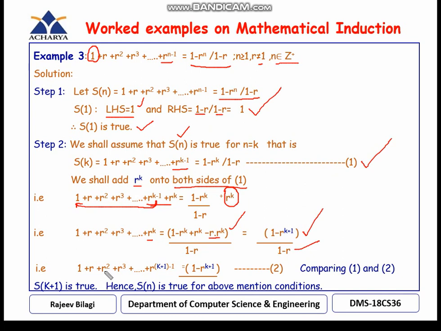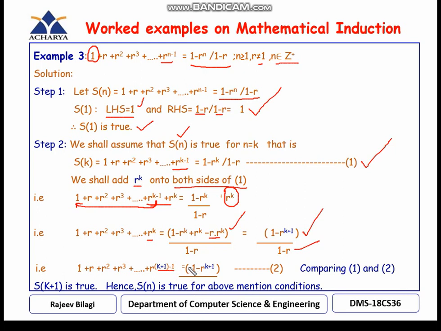So 1 plus r square plus r cube. If you look at here, r to the power of k, I can write it as k plus 1 minus 1 for this. So I should get k plus 1 on both the sides.